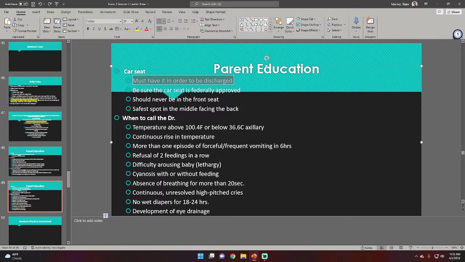If they have a continuous rise in temperature, more than one episode of frequent vomiting in 6 hours, if they refuse 2 feedings in a row, if they're lethargic and difficult to arouse, maybe cyanotic with or without feeding, maybe an absence of breathing for more than 20 seconds, a continuous or unresolved high-pitched cry that would be different than a normal cry. Maybe they have no wet diapers for 18 to 24 hours, or maybe they have harmful eye drainage as well.